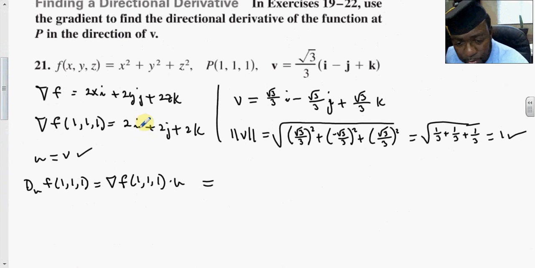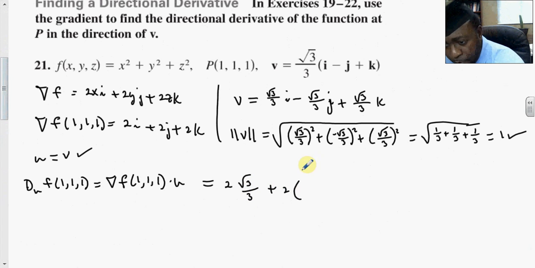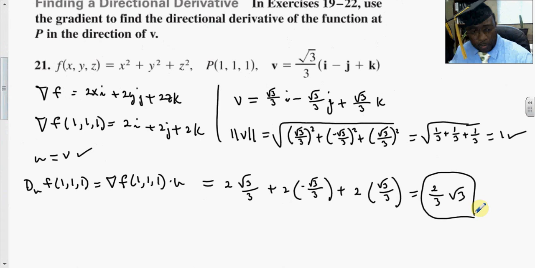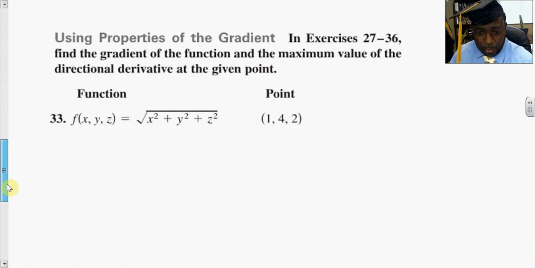So this becomes 2 times the square root of 3 over 3, plus 2 times the negative square root of 3 over 3, plus 2 times the square root of 3 over 3, which just gives us 2/3 times the square root of 3. So that's all that was involved there.